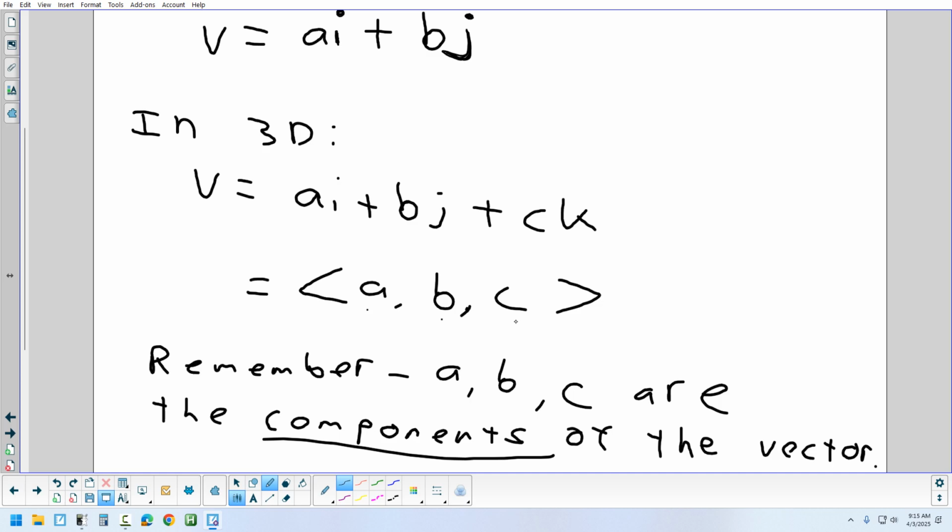And those, they're just numbers. The A, the B, and the C can be positives, negatives, fractions, decimals, or a 0. And as I've said a couple times, essentially this has been 0 all week. We have not had a 3D component to any of the vectors.